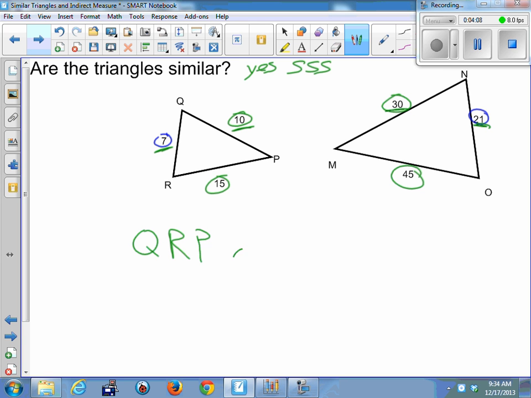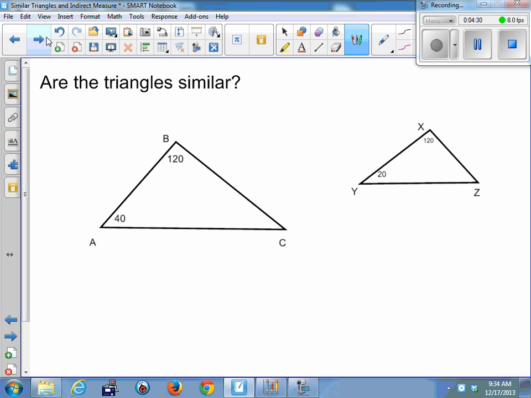So Q is going to match up with N. Now we're going to go to R. R is between 7 and 15, so the O is between the 21 and 45. So NO, and the only last one is the M. That's how to write your similarity statements.